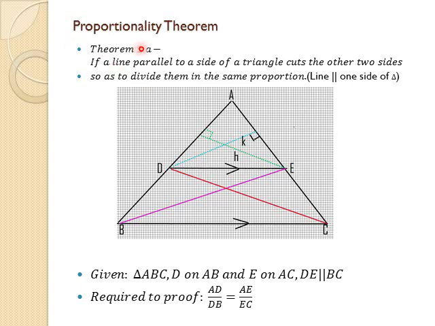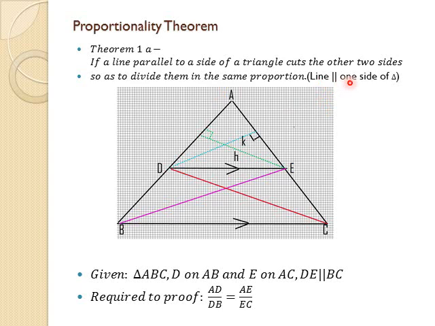Theorem 1a: if a line parallel to a side of a triangle cuts the other two sides so as to divide them in the same proportion, so you see there, that line there, parallel to a side of the triangle, cuts in such a way that AD over DB equals AE over EC. That is called the proportionality theorem.